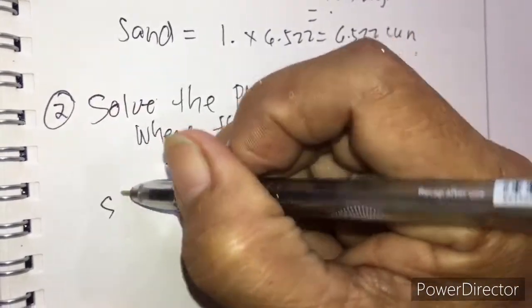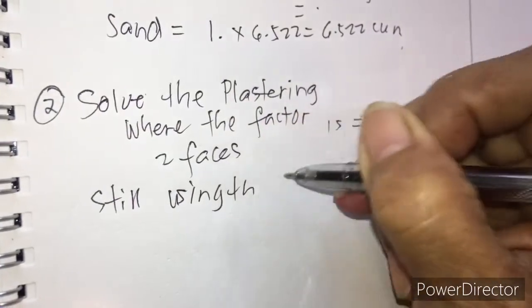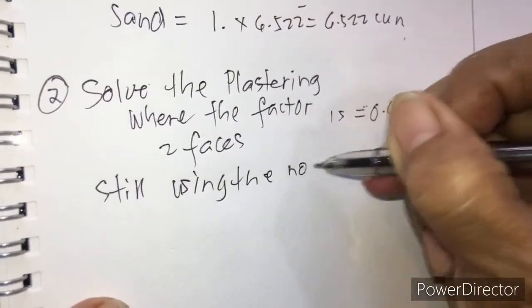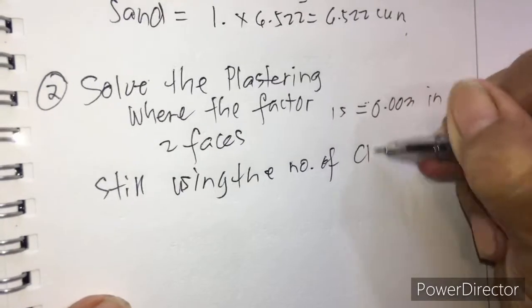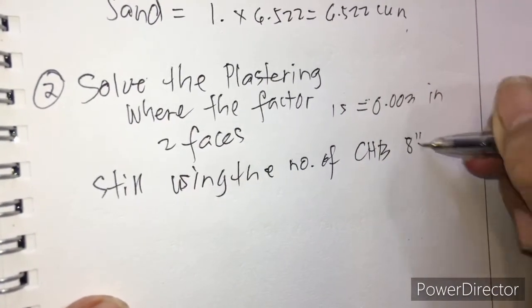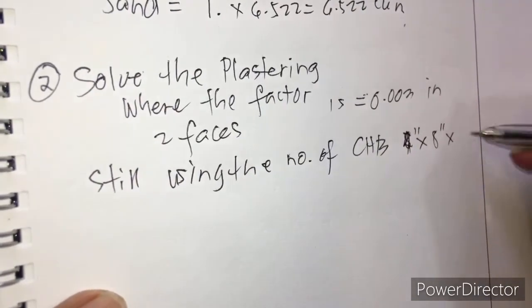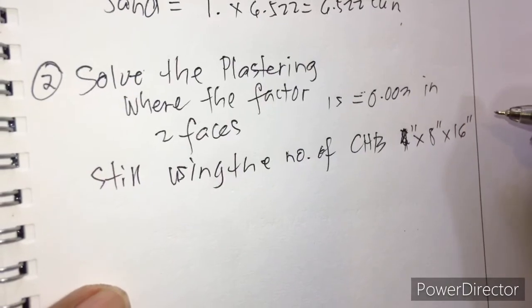Still using the number of CHB, 4 by 8 by 16 inches.